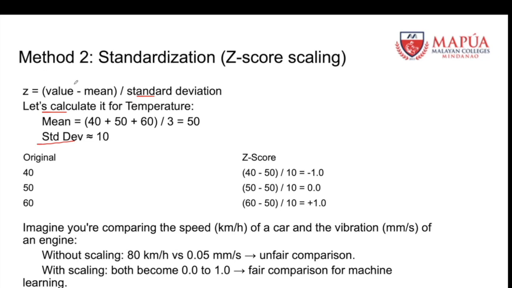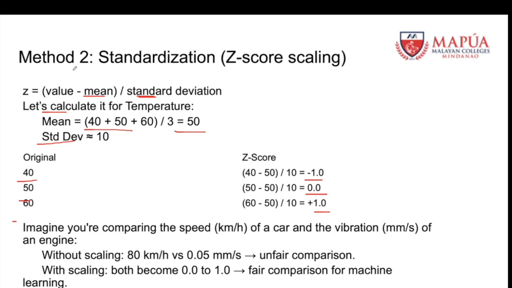Standard deviation is that these values deviate from the mean by 10, obviously, right? And the mean is 50 because we also need the mean and the standard deviation. The value is already here. So using the z-score scaling, we can get -1, 0, and 1 as our scaled value for temperature.